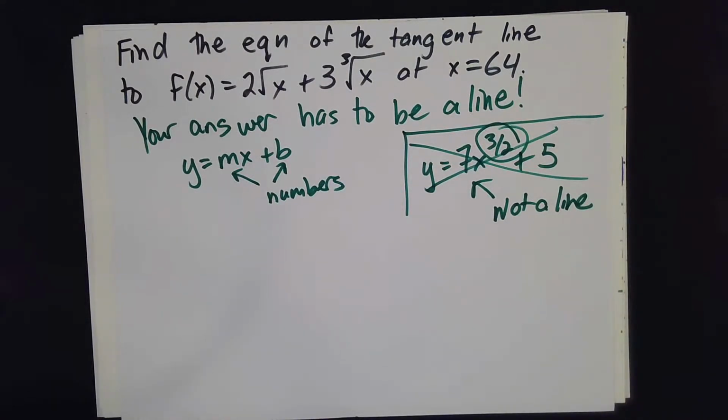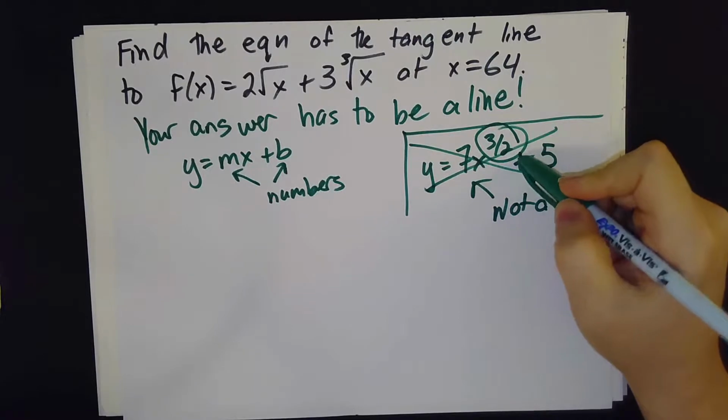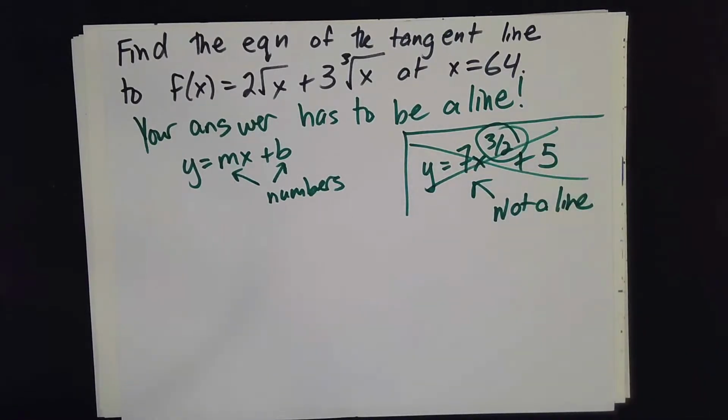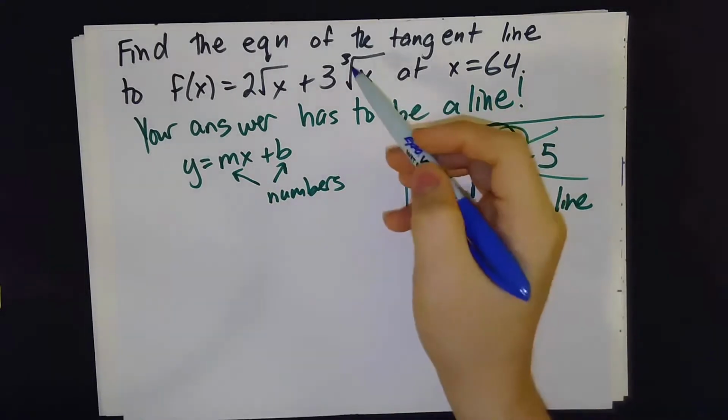And the way you end up with tangent lines that aren't lines is that you forget a key piece of the derivative. Namely, the derivative itself is not the slope of the tangent line. The derivative knows how to find the slope of the tangent line. So this will show up as we do this question.